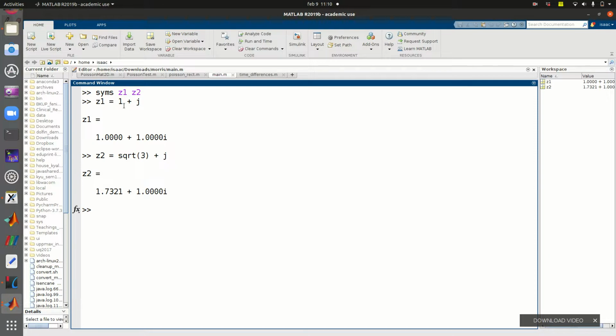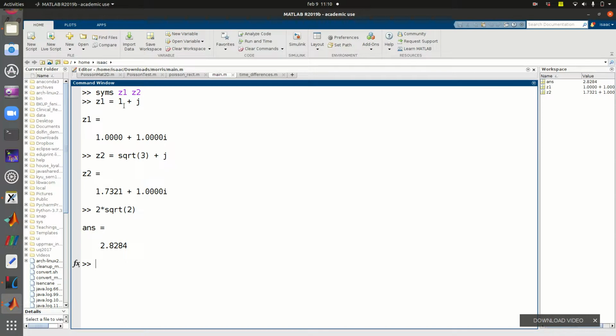And then what is the modulus of z2? It is the square root of root 3 squared, which is 3, plus 1, which is square root of 4, which is 2. So we expect this to be 2 root 2, 2 times the square root of 2 should be the answer. Okay, so let's see.